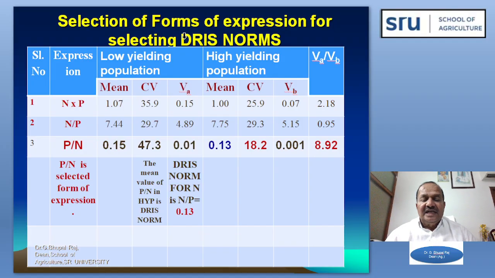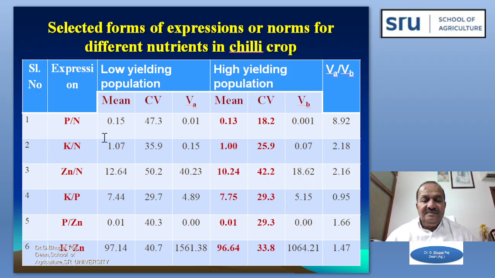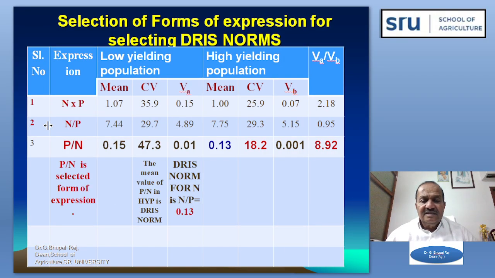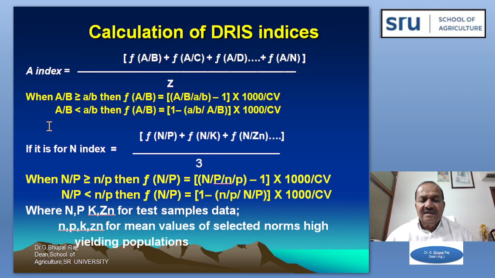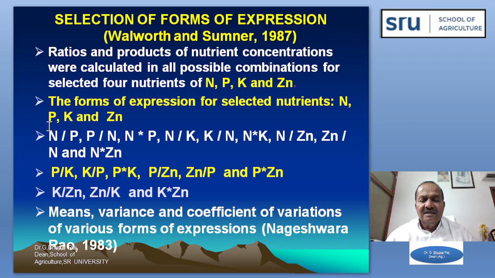So then, how to select? For example, we take NP combinations into consideration. What are there?